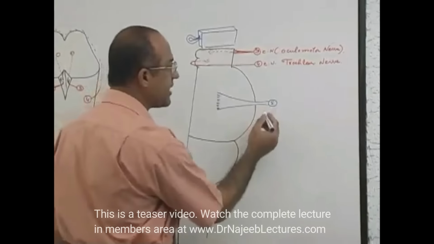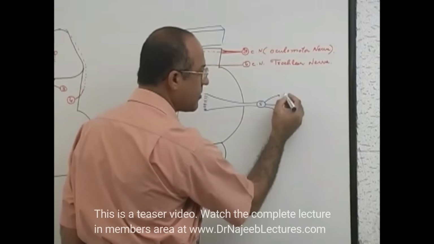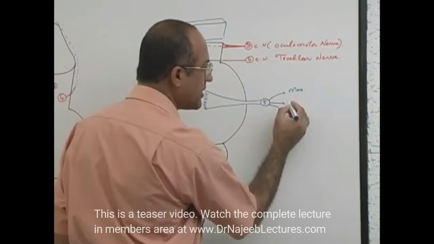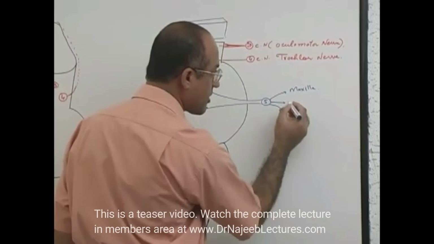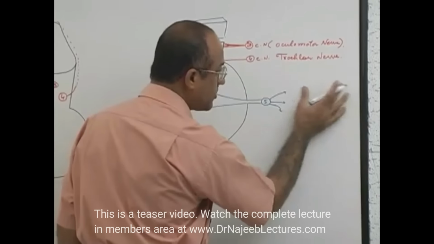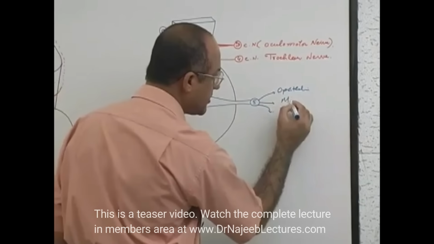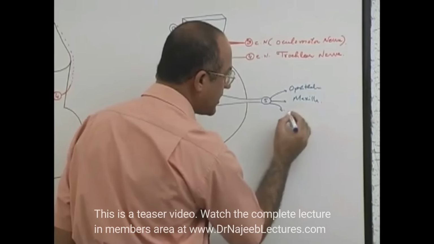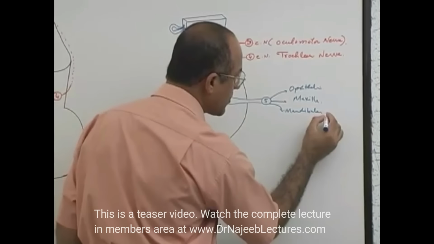You know, it comes to the ganglion and then gives 3 divisions. Do you know that? There is ophthalmic division, there is maxillary division, and there is mandibular division, right?